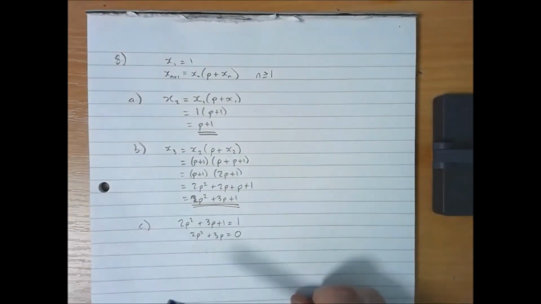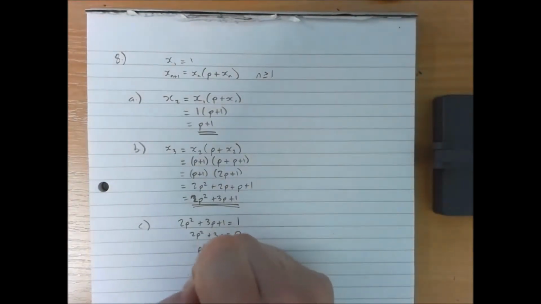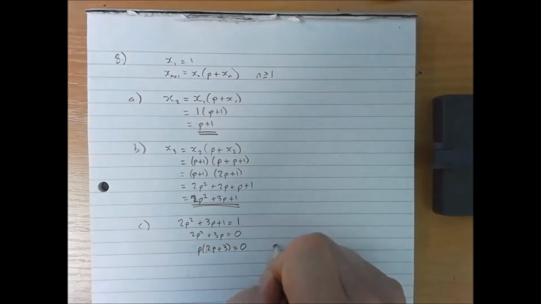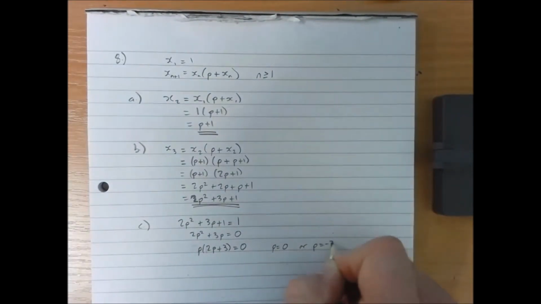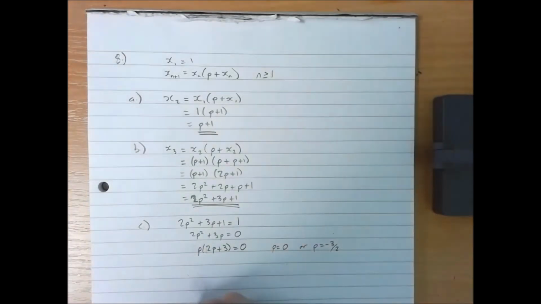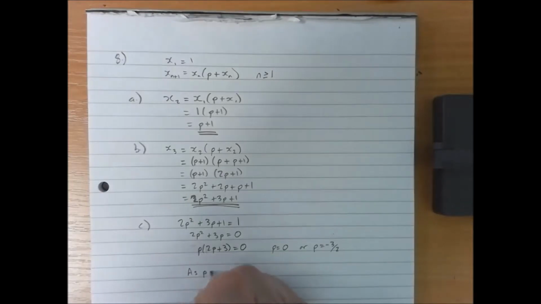This factorises to get p lots of 2p plus 3 equals 0. So either p equals 0 or p equals minus 3 over 2. However, we were told that p is a non-zero constant at the beginning of the question. So as p is not equal to 0, p is equal to minus 3 over 2.